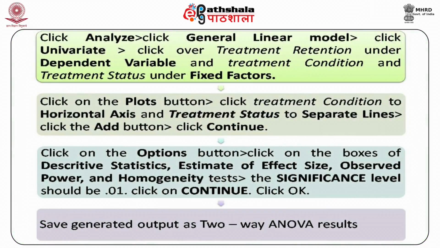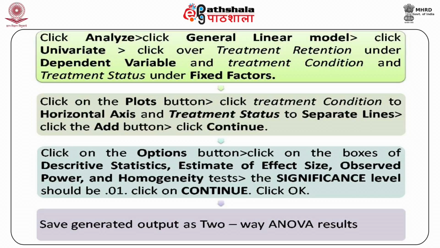Once the data sheet was prepared, one clicks on Analyze, General Linear Model, Univariate, and moves Treatment Retention under Dependent Variable and Treatment Condition and Treatment Status under Fixed Factors. Click on the Plots button, move Treatment Condition to horizontal axis and Treatment Status to separate lines.